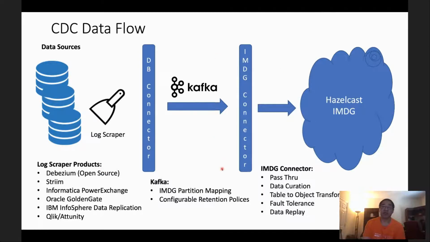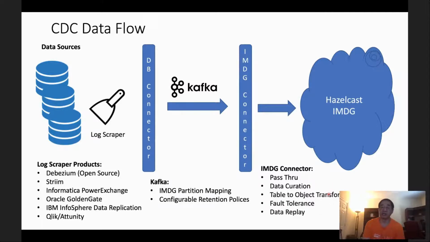Kafka, we choose Kafka because it gives us a nice way to publish data and be able to share the data. And we can also set the retention policies on Kafka such that we can play back data, meaning that we don't need to go to the data source every time we need to import the entire set of data. Kafka itself has the initial data we need to populate the IMDG. And the IMDG connector, which is the aggregator essentially, has a way to pass data into the IMDG.